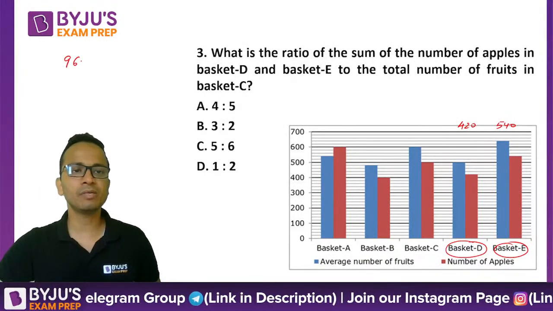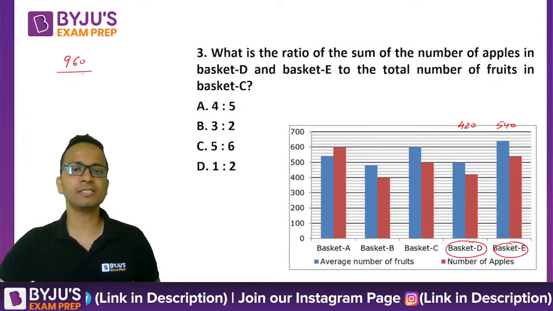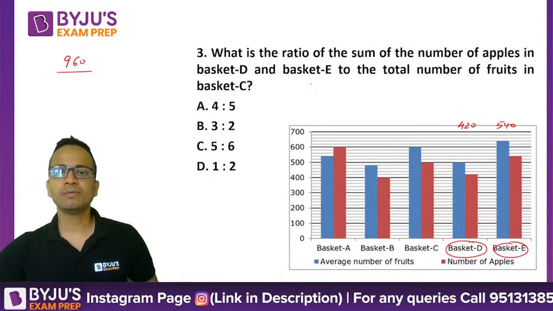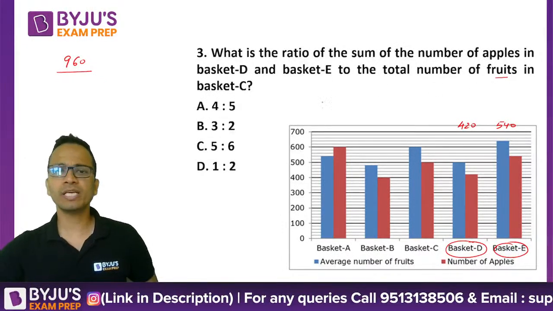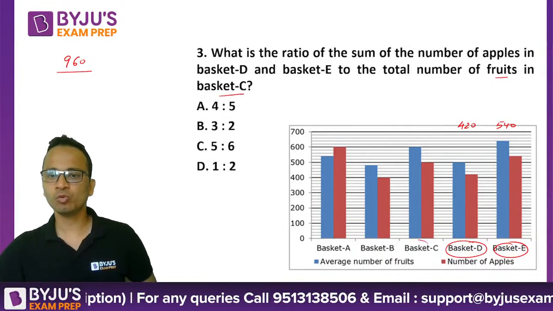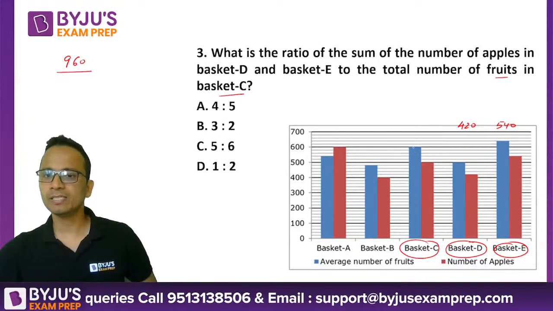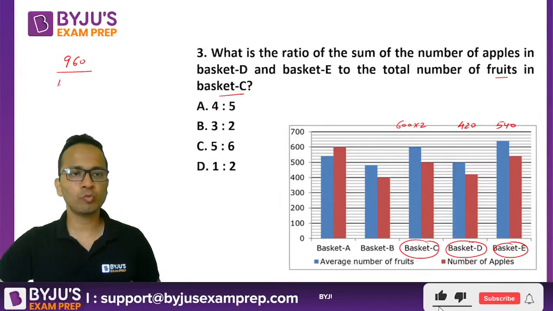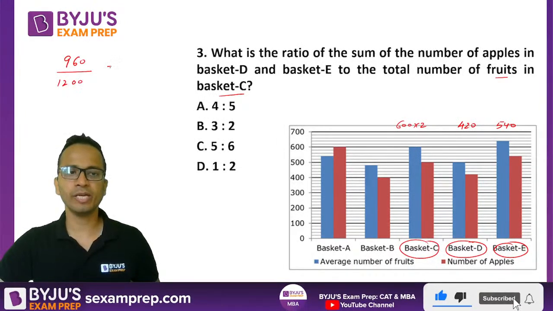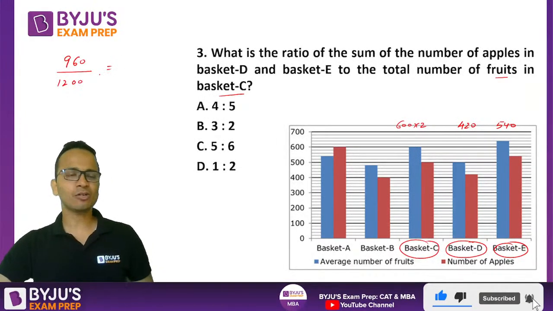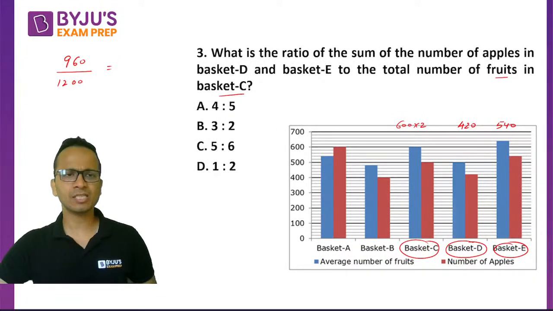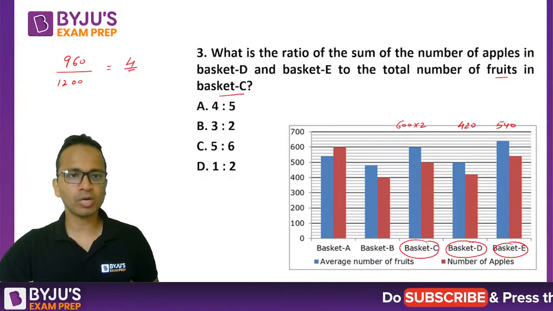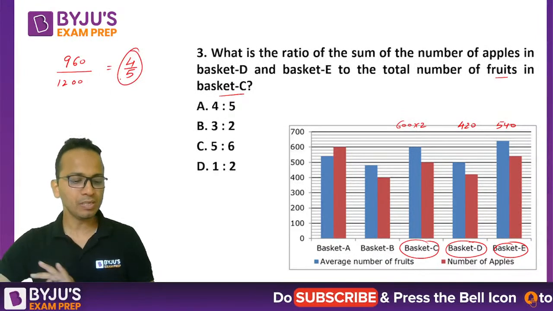So the first number in the numerator is 960 and we have to find the ratio of this number with the total number of fruits in basket C. So total number of fruits in basket C will be 600 multiplied by 2. So that is 1200. Okay. Now you can do easy calculations. 24 cancels, 240 cancels. So it will be equal to 4 upon 5. Simple ratio.